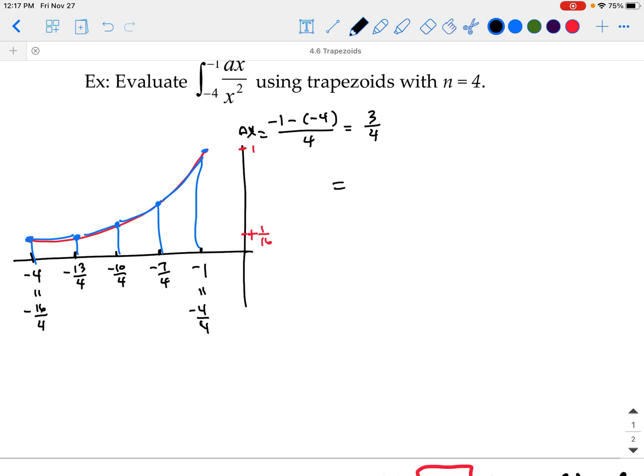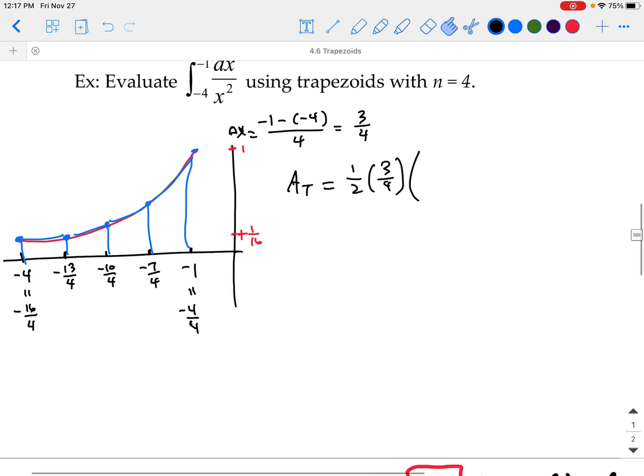And so let's go ahead and get right into this one. So the area, trapezoidal approximation is going to be, let's see, so delta x is 3/4. So we're going to have 1/2 times 3/4 times, and then we're going to have all of those function values.